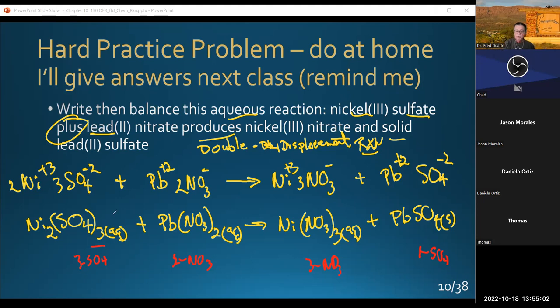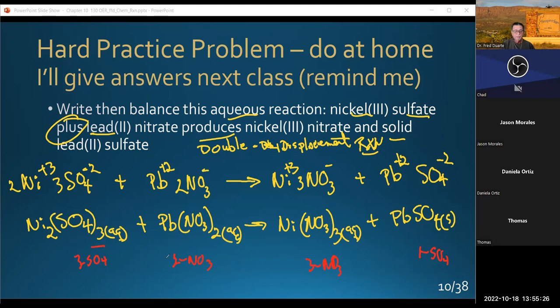Now, you can do one of two things. Since I got 3 sulfates, I could put a 3 in front of the lead sulfate. So that's one way to go. But let's work on this 2 to 3 difference. We have a common number, right? That common number in this scenario is 6.